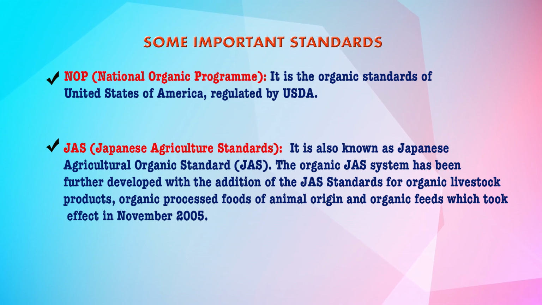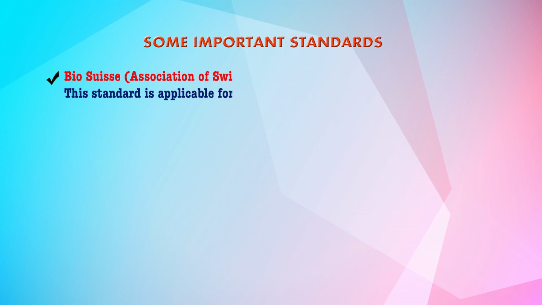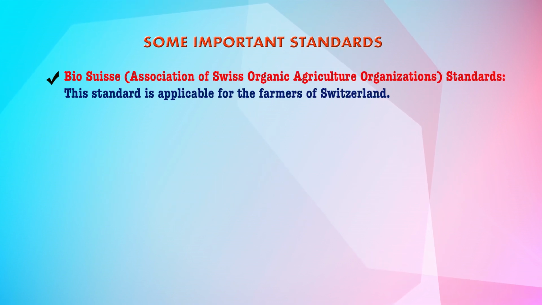This has been further developed with the addition of JAS standards for organic livestock products, organic processed foods of animal origin and organic feed, which took effect in November 2005. BioSwiss was an association of the Swiss Organic Agriculture Organization standards, and this is applicable for farmers who are practicing organic agriculture in Switzerland.